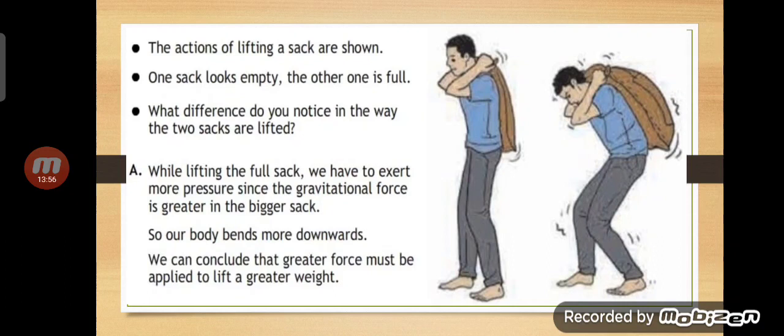By lifting the full sack, we have to exert more pressure since the gravitational force is greater on the bigger sack. So our body bends more downwards, and we can conclude that greater force must be applied to lift a greater weight.